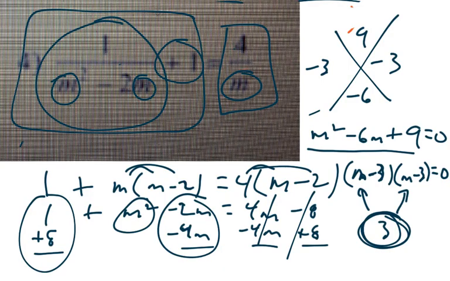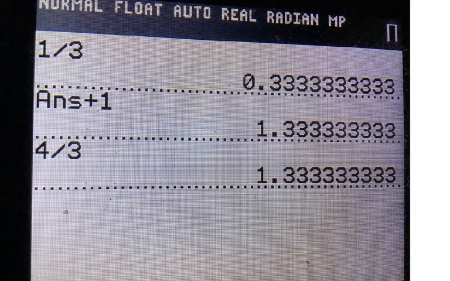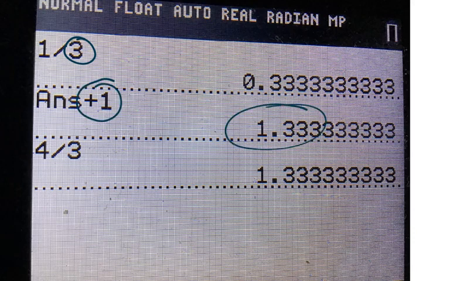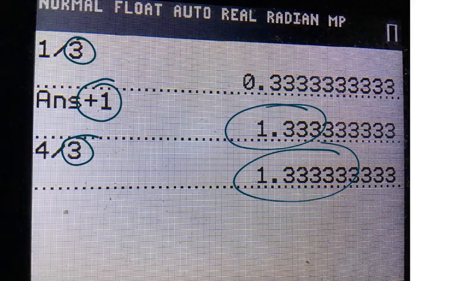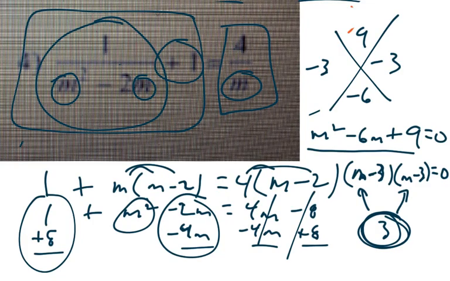So here's my calculator work. I plugged in the 3, I added the 1, 1.333. I plugged in the 3, 4 divided by 3, 1.333. So without a doubt, guys, 3 is the correct answer.